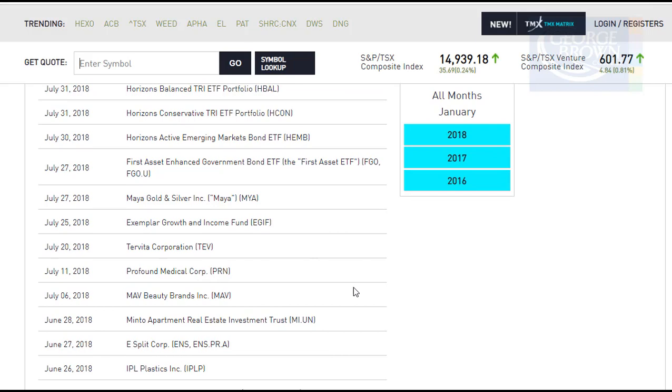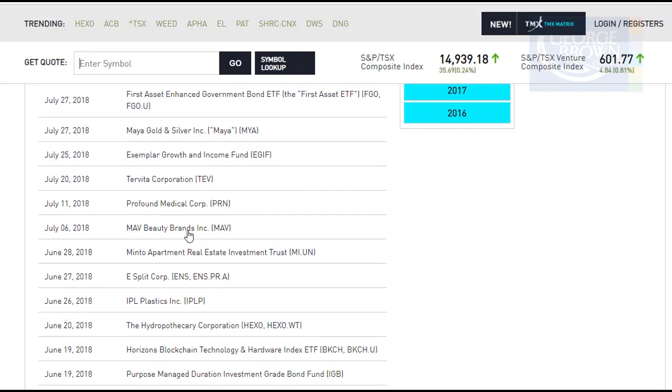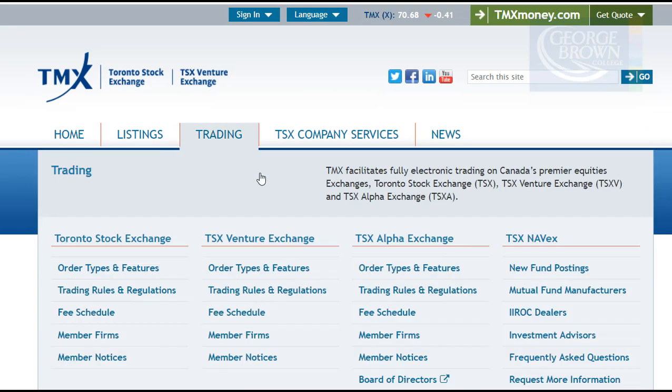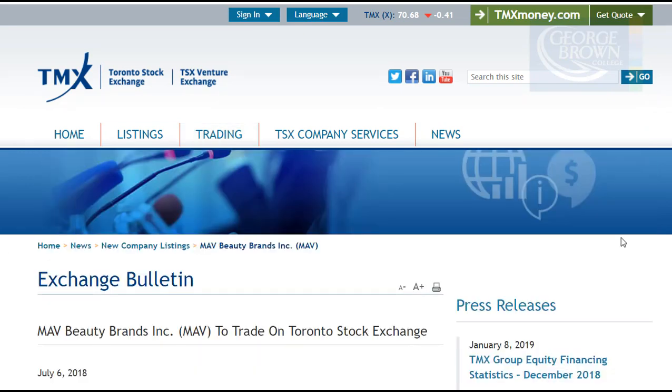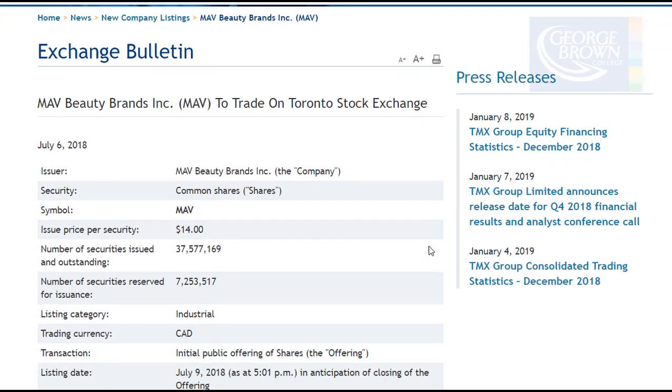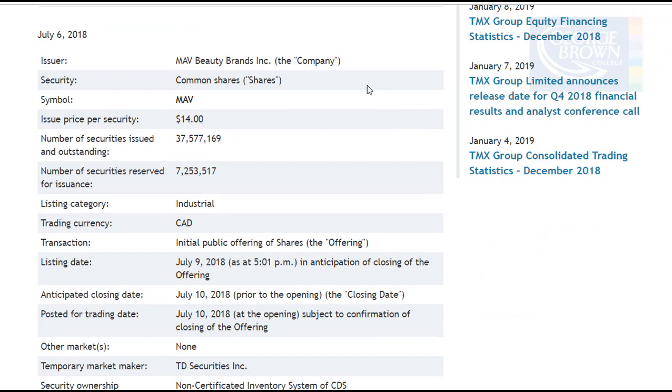But if I click on a company, a corporation, here July 6, 2018, MAV Beauty Brands has got a listing. You can scroll down. You can see there's an exchange bulletin here, MAV Beauty Brands to trade on the Toronto Stock Exchange under MAV, that's the ticker symbol. It gives you some information.